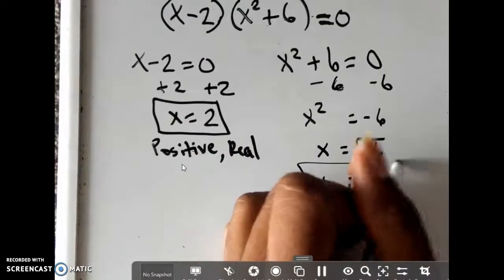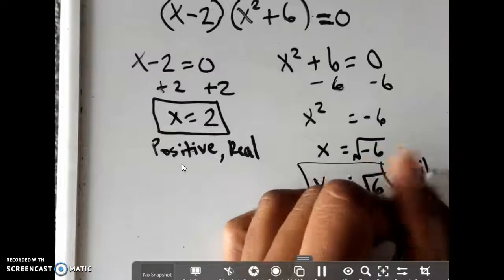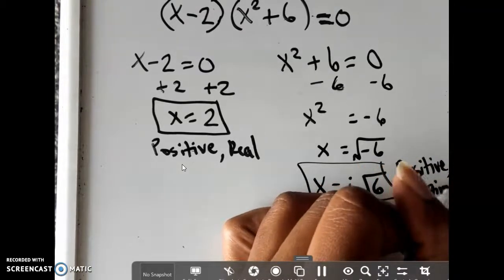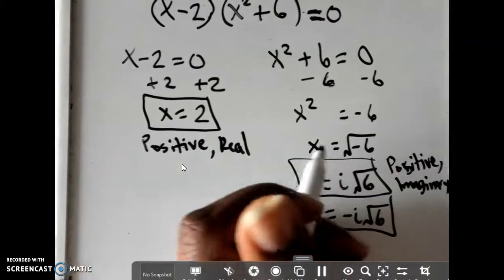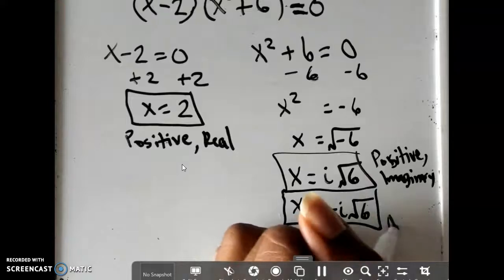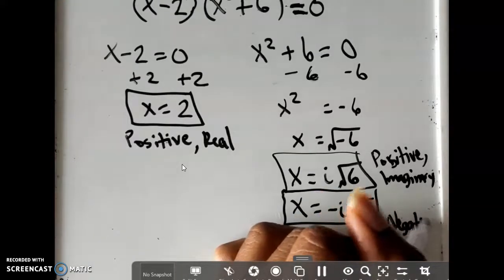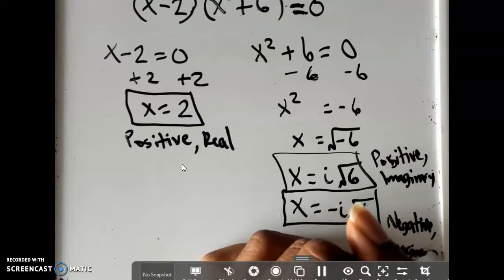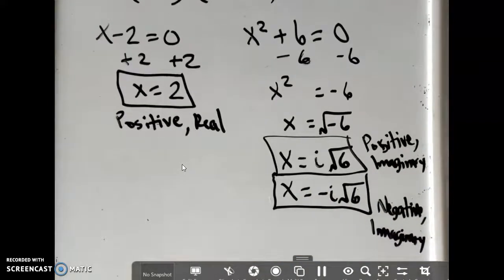Then we have a positive, what we call an imaginary root, because i is the imaginary unit. And then lastly, we have a negative imaginary root. So this is a scenario that can happen when we find the roots.